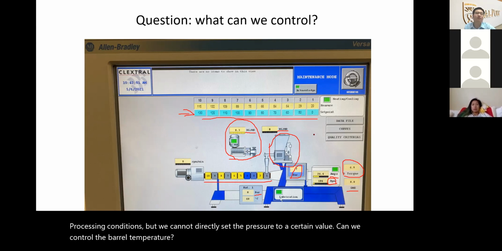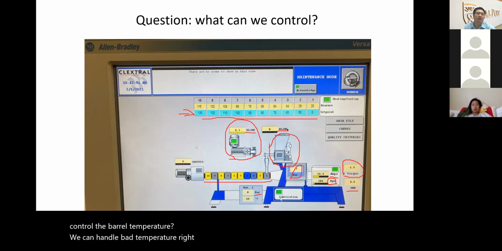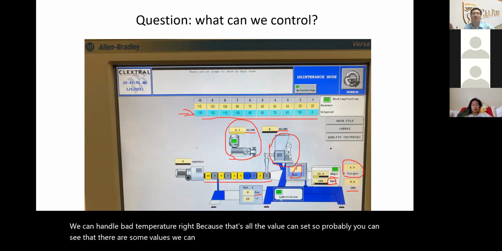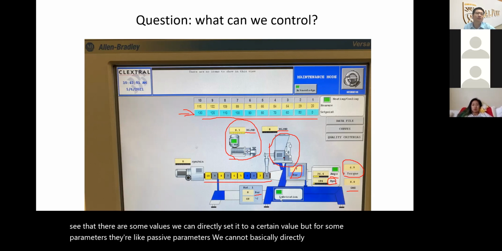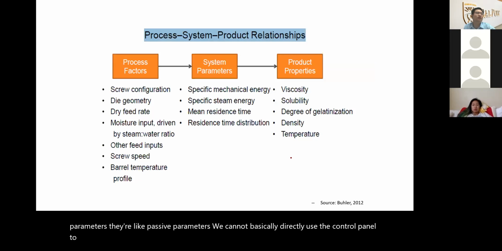We can, right? Because that's a value we can set. So there are some values we can directly set, but some parameters are passive parameters. We cannot directly use the control panel to turn them to a certain value, right?